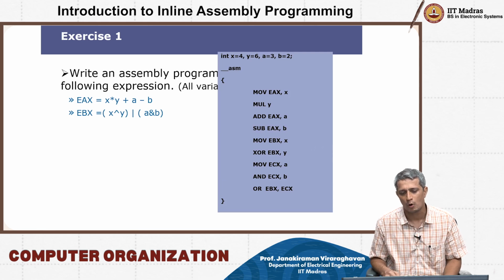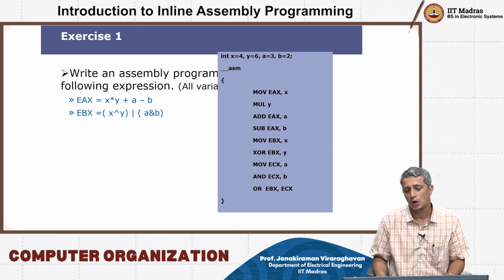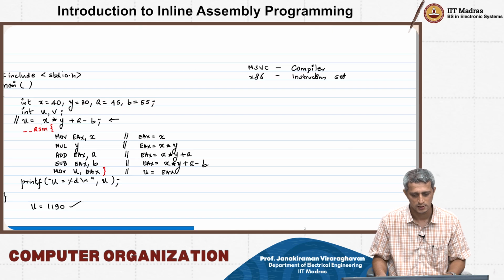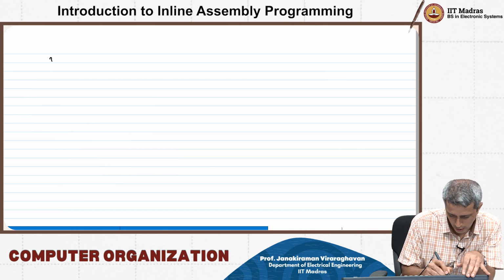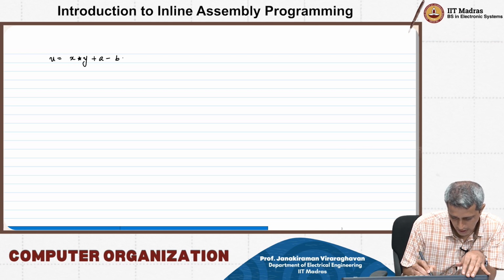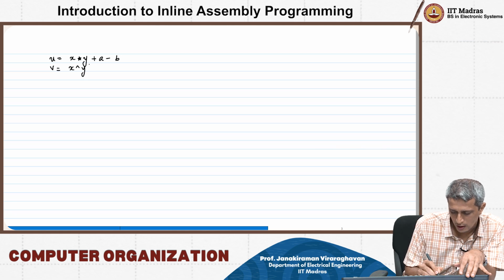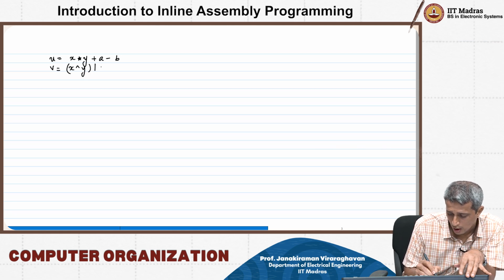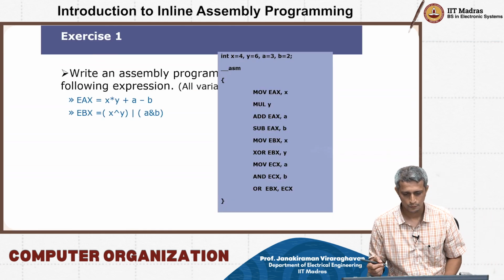Let's say now I'm going to modify this program to do X XOR Y or A and B. Earlier I wanted U equal to X into Y plus A minus B. Now I want to do additionally X XOR Y, or A and B. I hope this is correct.